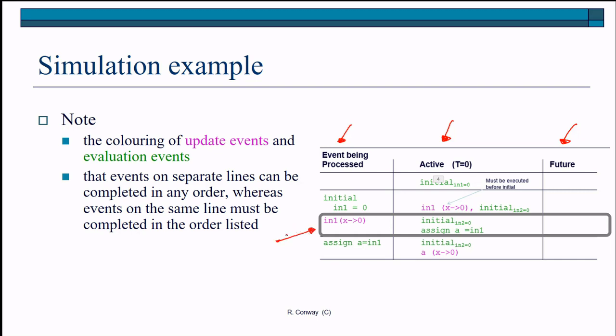A row in the table, such as the one shown here, contains the event that's currently being processed, and the second column entry contains the state of the active event queue after the event in the first column has been completed. And then the third column contains the state of the future event queue after the event in the first column has been completed. We use a table to capture the steps during the simulation process.